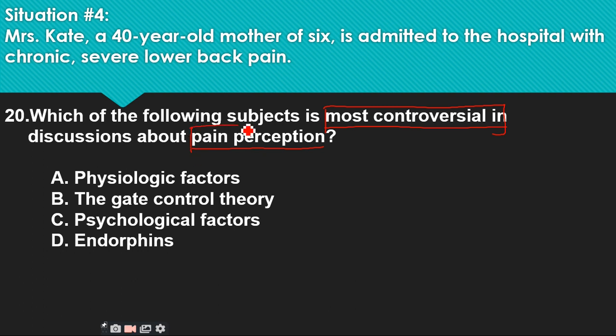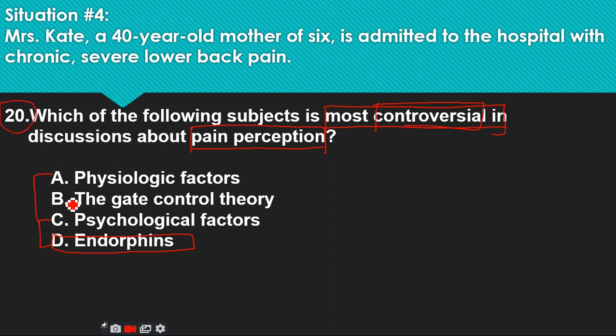When experimental, it means that there has to be clinical data to prove that it exists. So physiologic factors might not be controversial because you are just going to assess the patient's signs and symptoms. And take note, psychological and endorphins are also part of psychological and also with your physiologic.